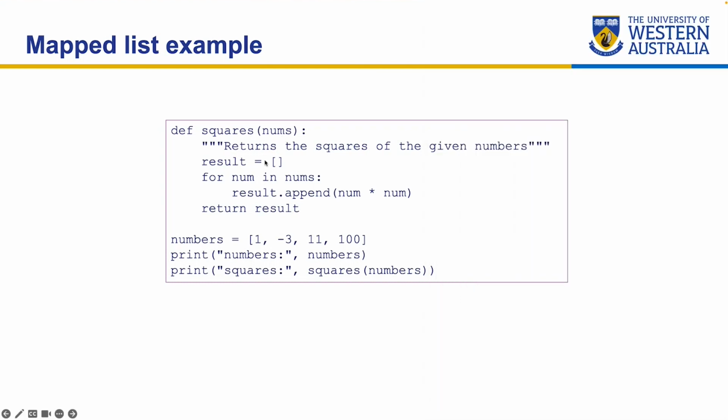We have an initial list as a result. And for num in nums, result.append num times num. And then finally, we will return the result. When we say return result, we are returning the list, but this list has been populated using the for loop. Numbers is the original list, and squares is the list returned by calling the squares function.